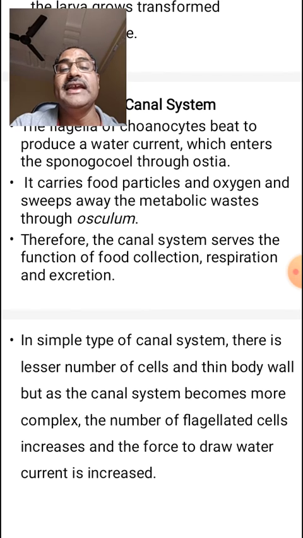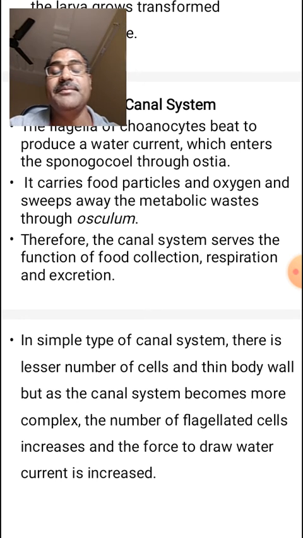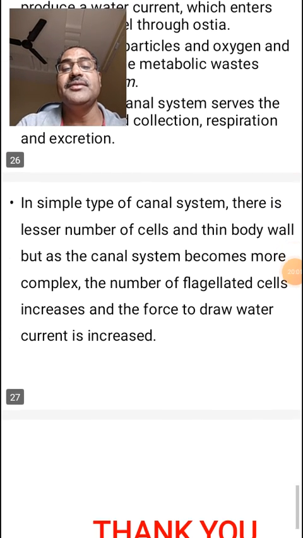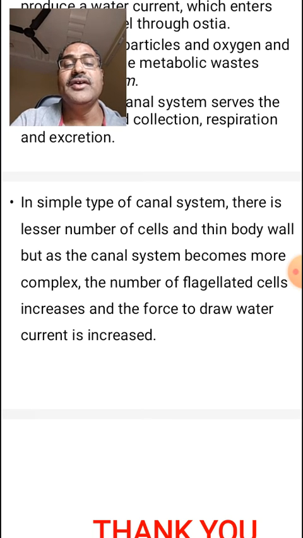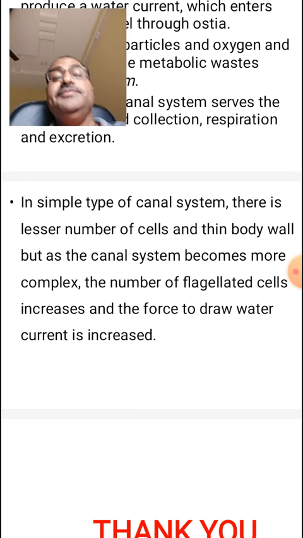Therefore the canal system serves the functions of food collection, respiration and excretion. In the simple type of canal system, there is a lesser number of cells in the thin body wall, but as the canal system becomes more complex, the number of flagellated cells increases and the force to draw the water current is increased.